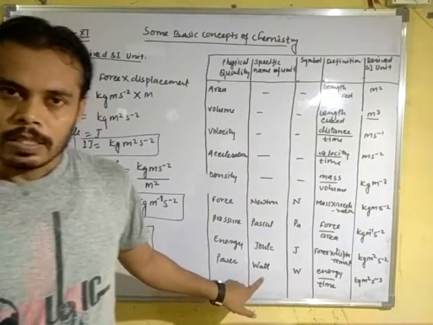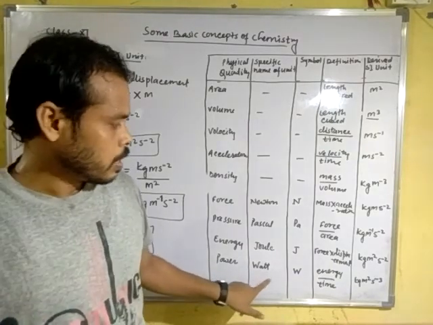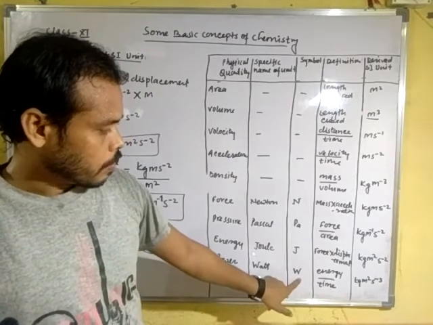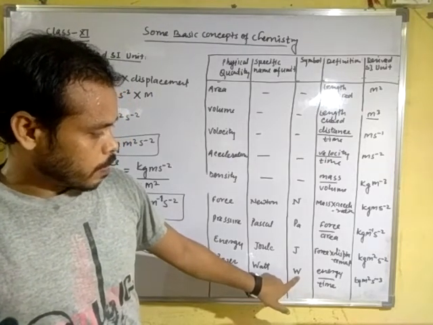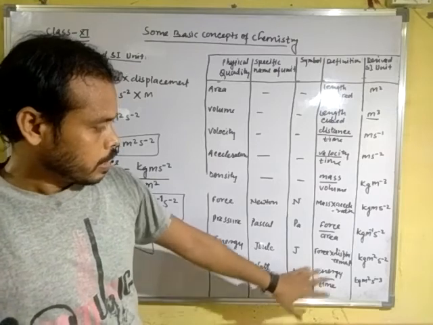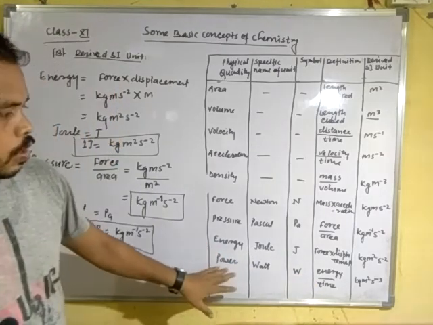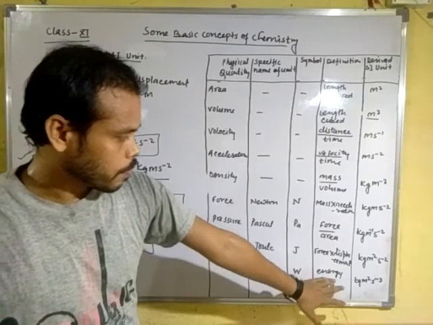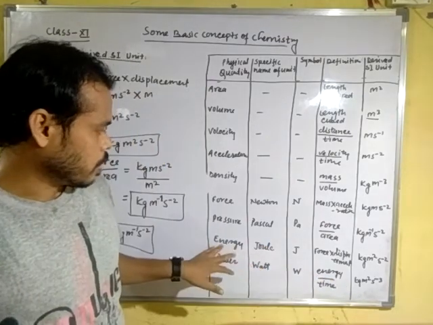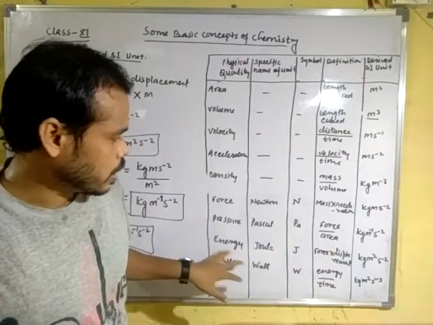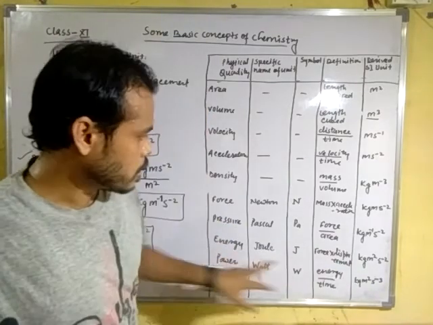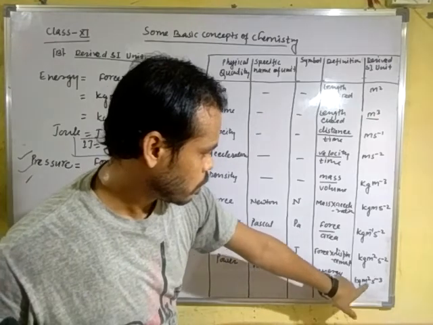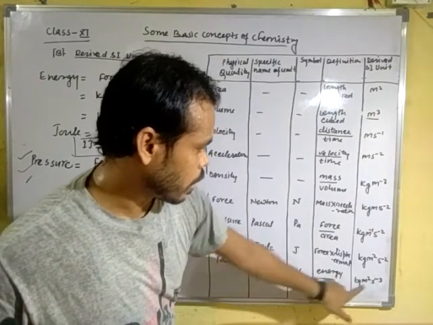Power is referred to as watt, and watt is represented by capital W, and power is equal to energy per unit time.